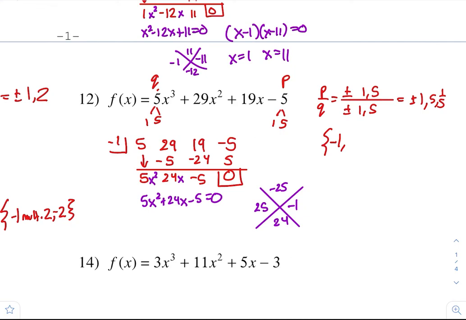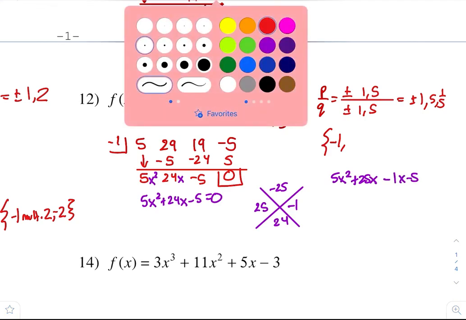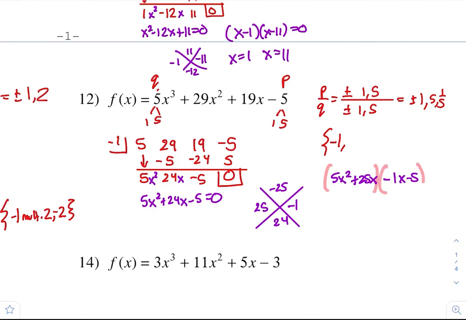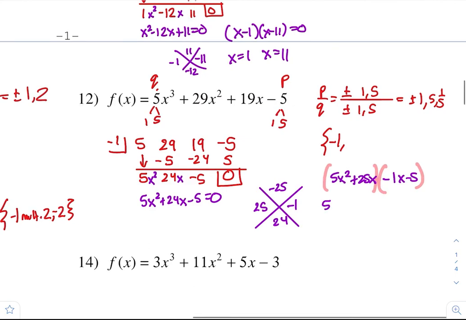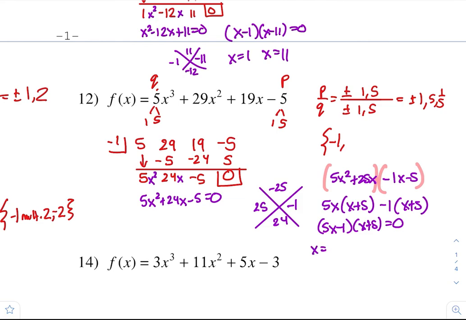So when you factor this, 5x to the second plus 25x minus 1x minus 5. This is factored by grouping, you guys. I can factor out a 5x from there to get x plus 5. I can factor out a negative 1 to get x plus 5. So we got 5x minus 1 times x plus 5 equals 0. So then your zeros are going to be 1/5, you guys, and negative 5.